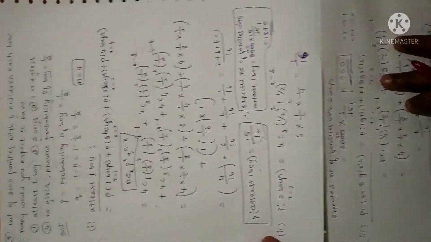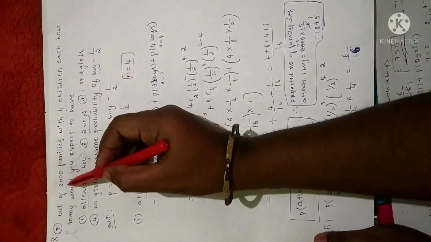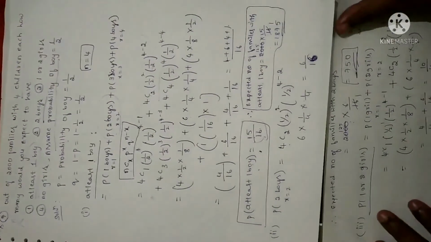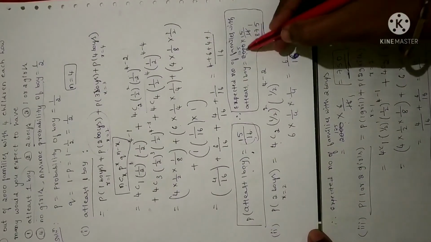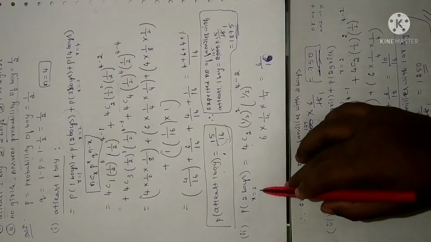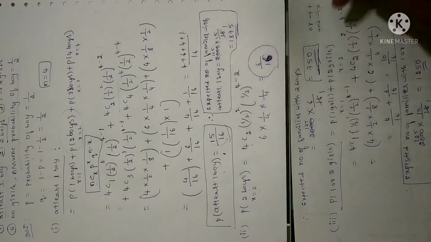See here, the only difference in this problem is that we have to calculate the total. In the sense, for total 2000 families we have to calculate. The probability we have obtained is for only one family. So for the total you have to multiply it with 2000 families. So multiplication gives you this solution. So this is the second sub question, where for 2 boys probability is 6 by 16. This is for one family.